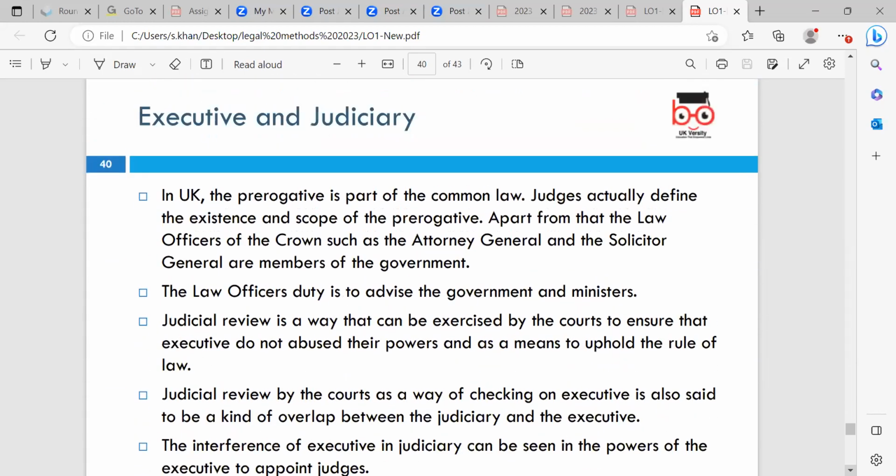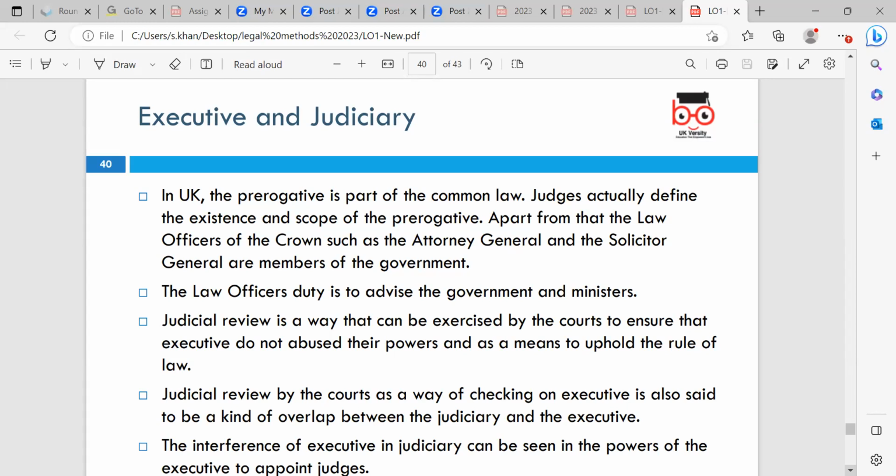Executive and judiciary. In the UK, the prerogative is part of the common law. Judges actually define the existence and scope of the prerogative. Apart from that, the law officers of the Crown, such as the Attorney General and the Solicitor General, are members of the government. The law officers' duty is to advise the government and ministers.